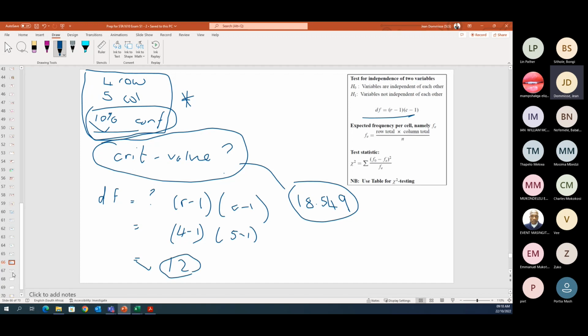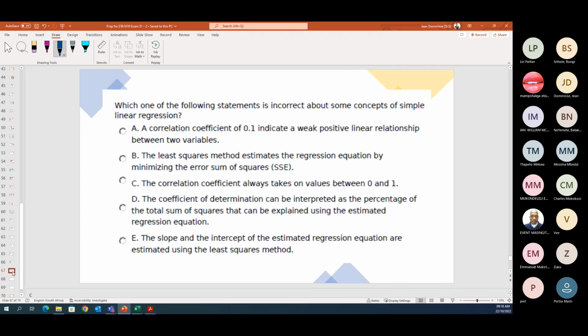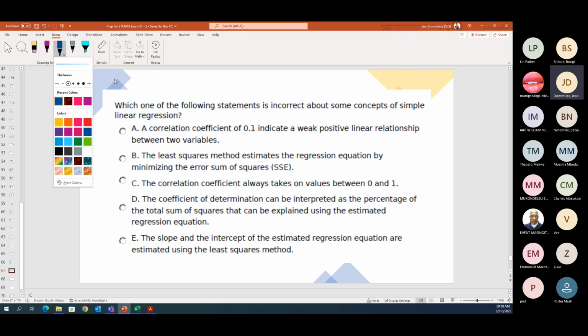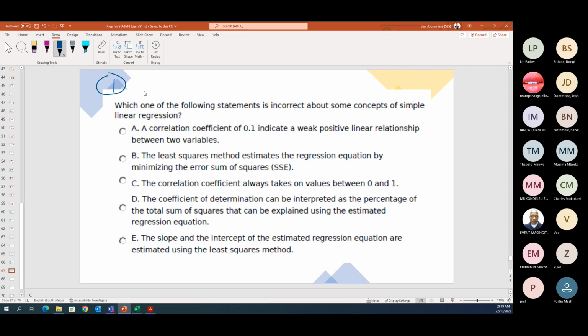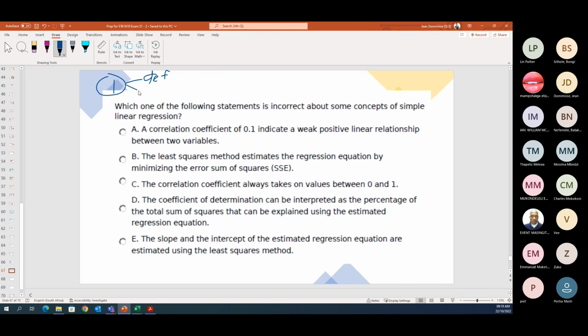Okay, let's go into chapter 11. Chapter 11 is on regression. From previous exams, you will nearly always get one definition question on it and one practical question.